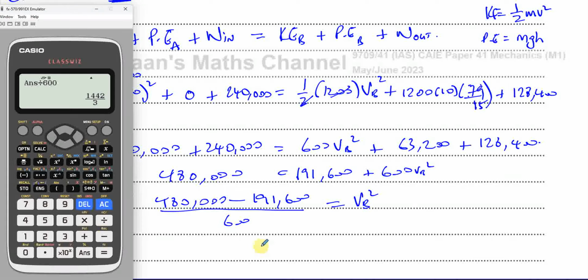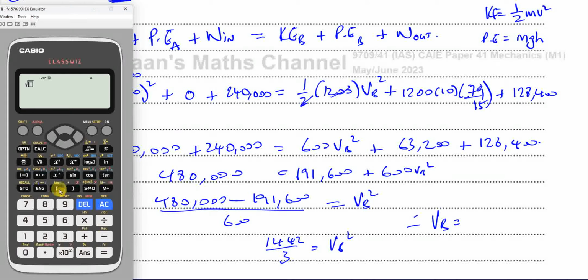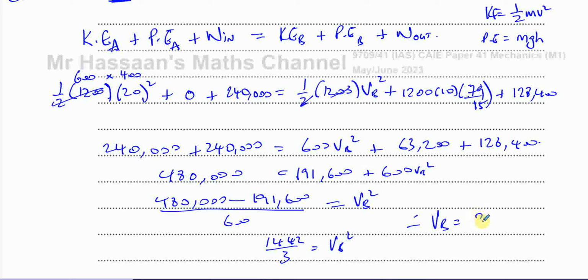That gives us 1,442 over 3, VB squared. Therefore, the velocity at B is given by the square root of this answer, which is 21.924. So the velocity at B to 3 significant figures is 21.9 meters per second.